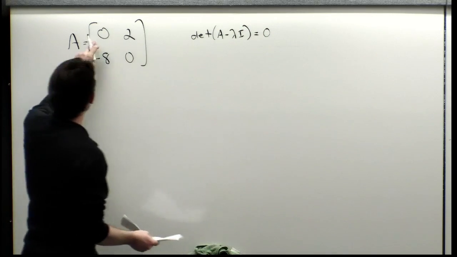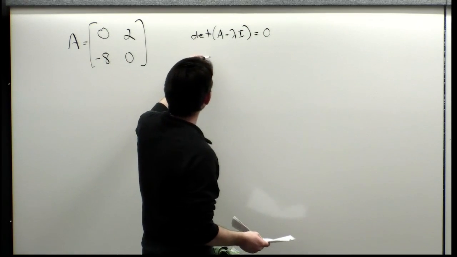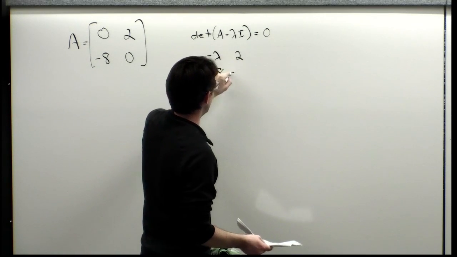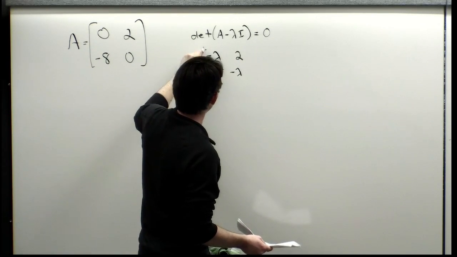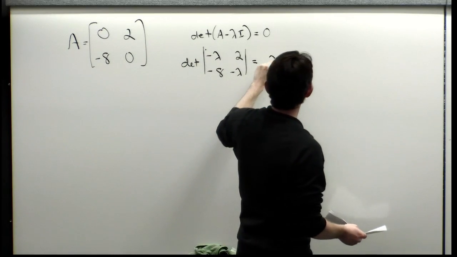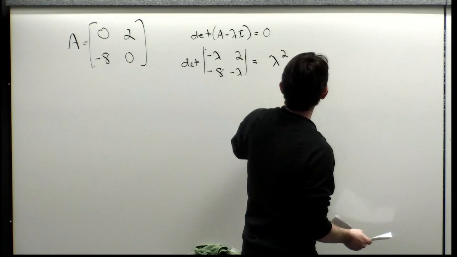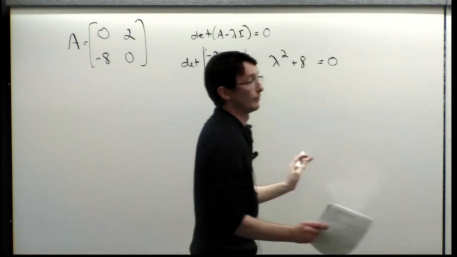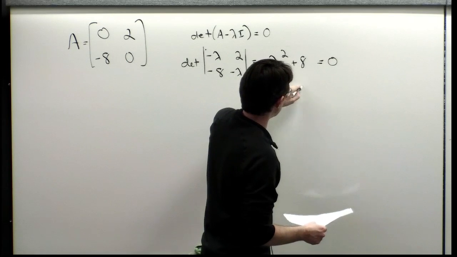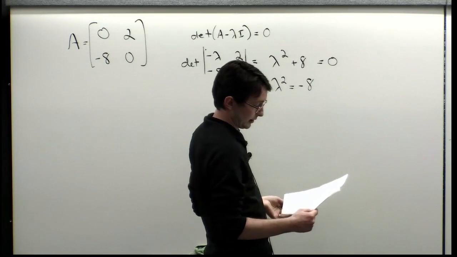Okay, so A minus lambda I is minus lambda, 2, minus 8, minus lambda, and the determinant of this equals lambda squared plus 8, and we want that to equal 0. Okay, so we get lambda squared equals minus 8.